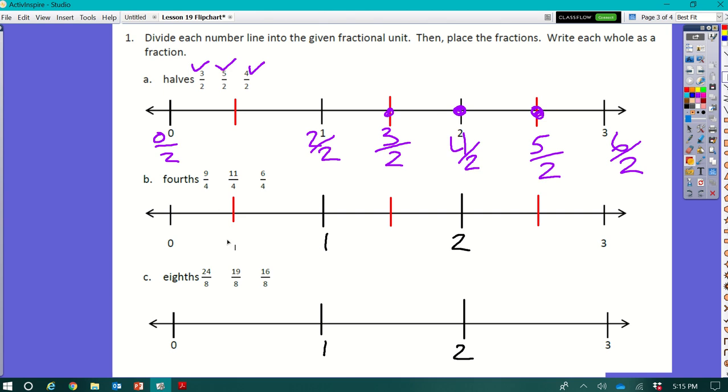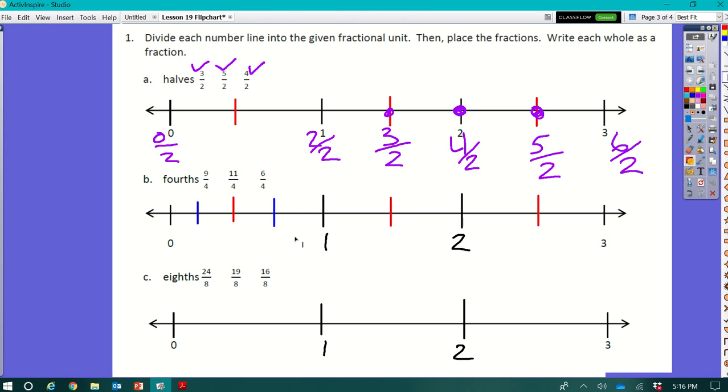But remember, we want fourths. So from 0 to 1, I need 4 equal parts. Well, I have 2. What am I going to do to make fourths? That's right. I'm going to take each of my halves and divide them in half. And now I have fourths, and you can count. From 0, I'm going to go 1, 2, 3, 4 equal parts.